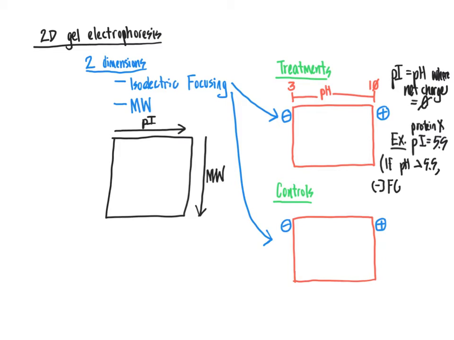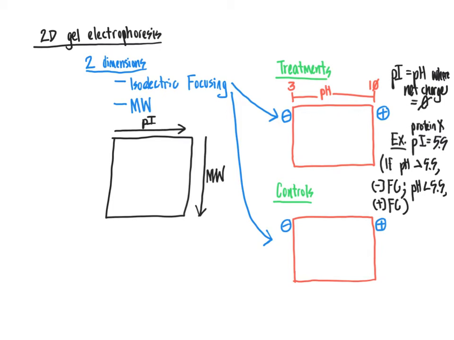And hence, at that pH range of greater than 5.5, the protein would be migrating toward the positive pole. On the other hand, when it is at a pH within the gel that is less than 5.5, that protein is going to have a positive formal charge, and hence it would move toward the negative pole.